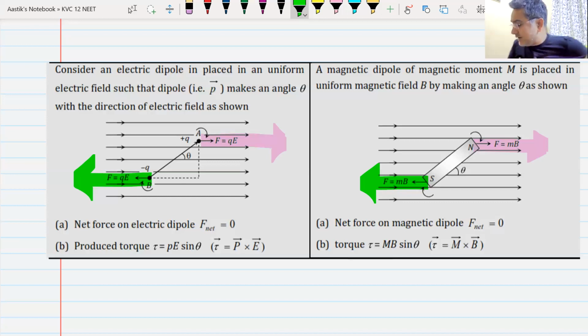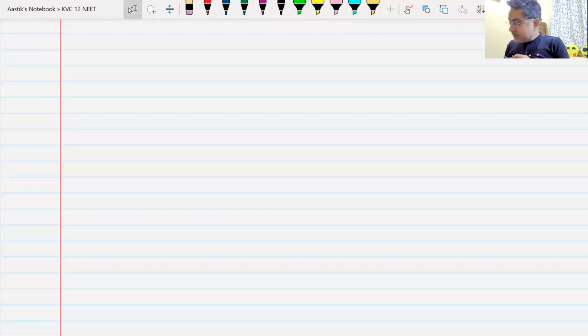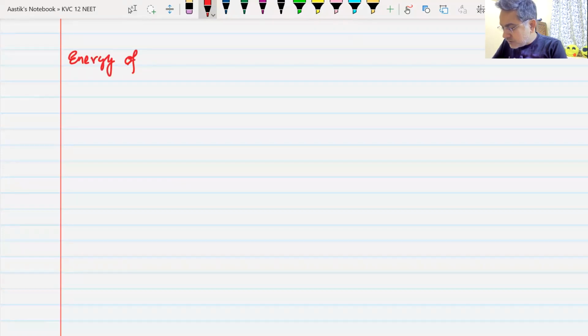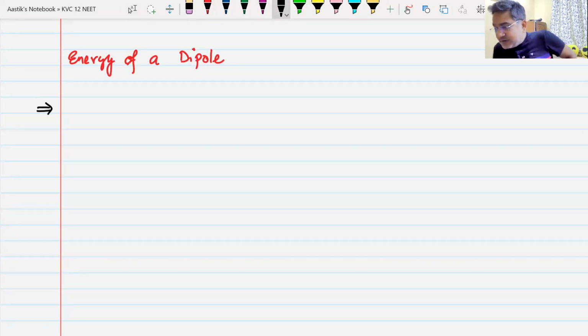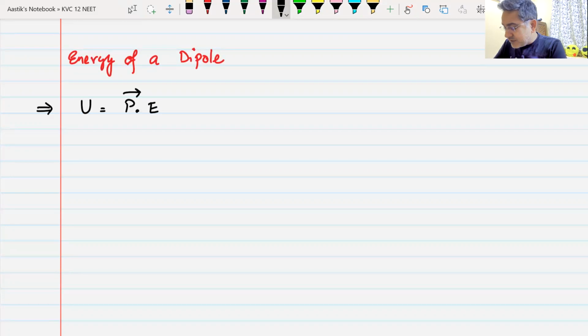Then we should move ahead and write the next heading, energy of a dipole in an electric or magnetic field. So the next heading is energy of a dipole. Any dipole, when it is placed in any electric field, electric dipole in electric field or magnetic dipole, bar magnet in a magnetic field, has energy. This energy is given by U, and the formula is, it was cross product in torque, in energy it is dot product.